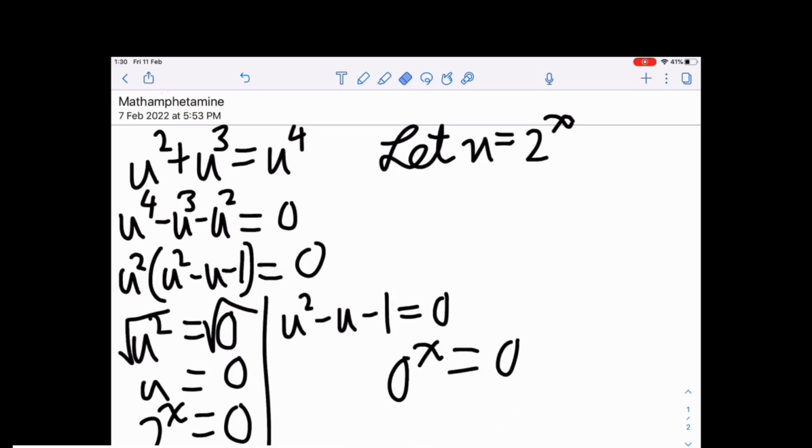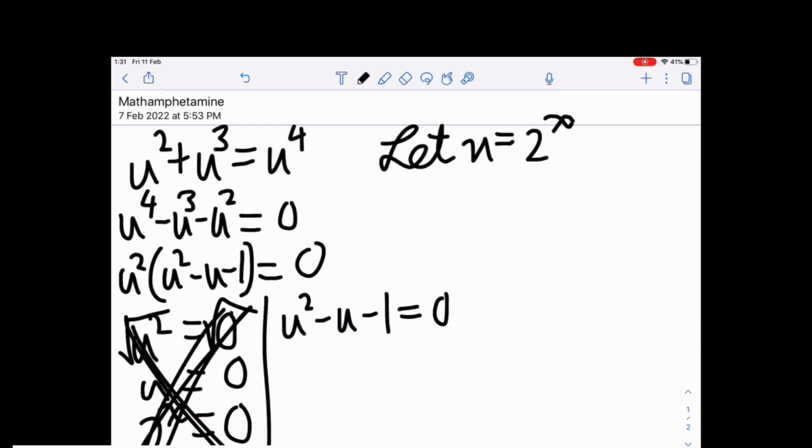So this is undefined, so we need to reject it. This is a symbol of undefined. So we cancel out this solution.